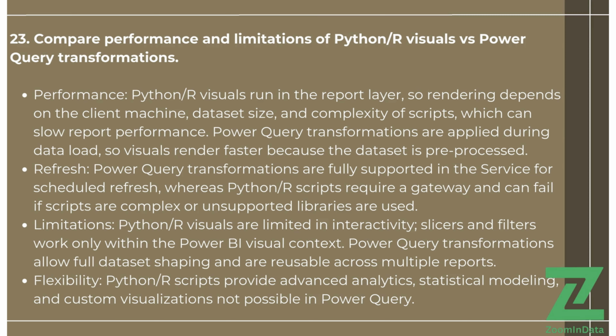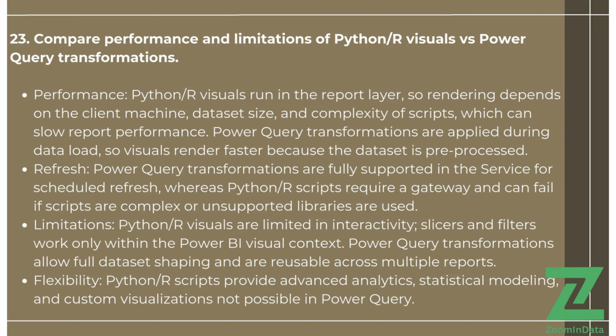Refresh: Power Query transformations are fully supported in the service for scheduled refresh, whereas Python or R scripts require a gateway and can fail if scripts are complex or unsupported libraries are used. Limitations: Python or R visuals are limited in interactivity.